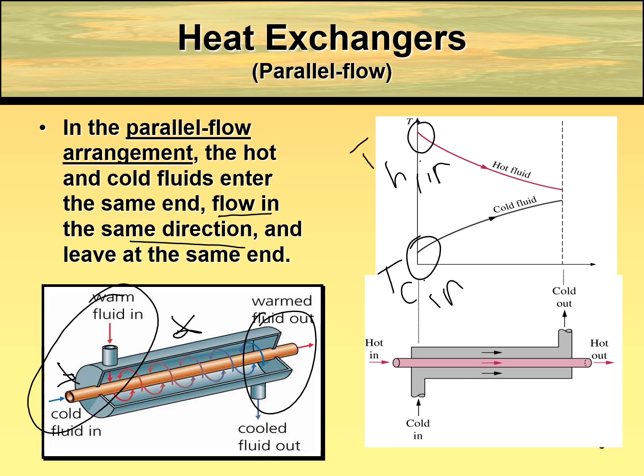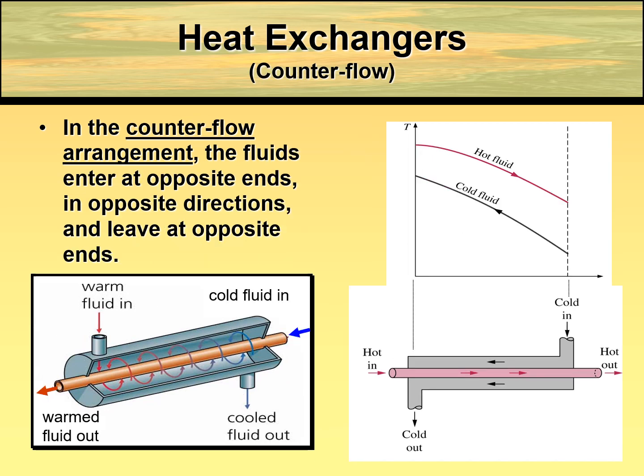The hot flow will give heat to the cold flow, where the hot flow will reduce in temperature and the cold flow will increase in temperature. By the end of the flow, the hot flow will reach its minimum temperature and the cold flow will reach its maximum temperature. Okay, so that's for the parallel flow.